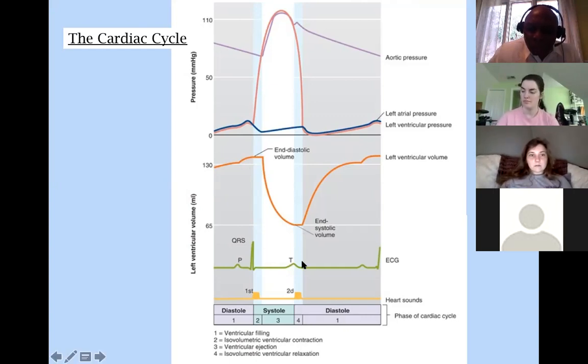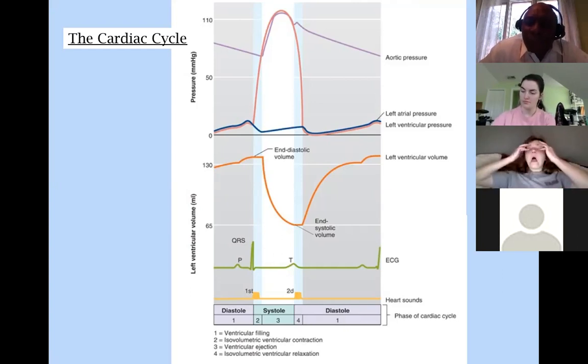So 65 remains in the heart at rest from 135. Question, how much is ejected at rest? If the left ventricle is completely full at 135, and after ejection 65 remains, how much is being ejected?